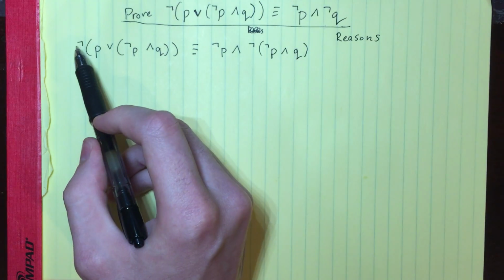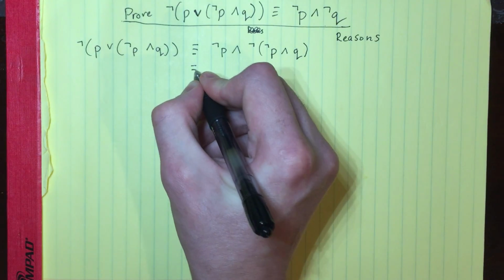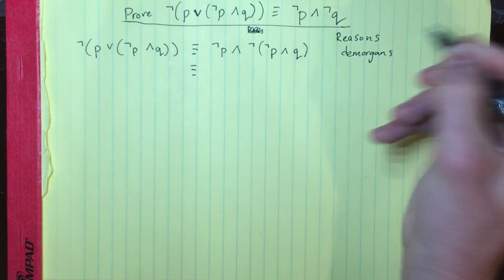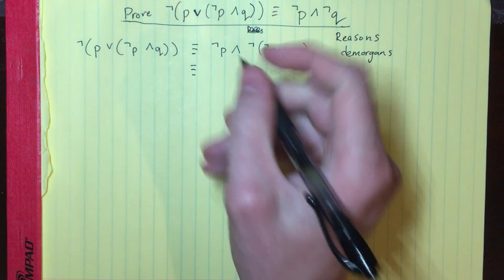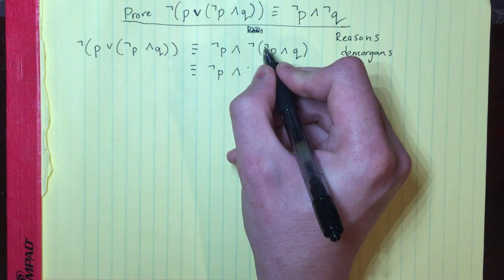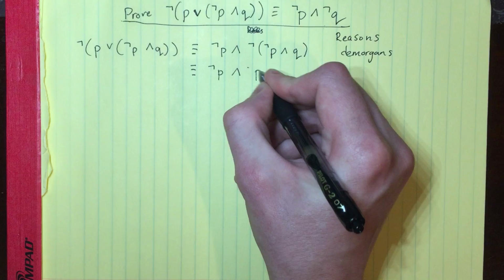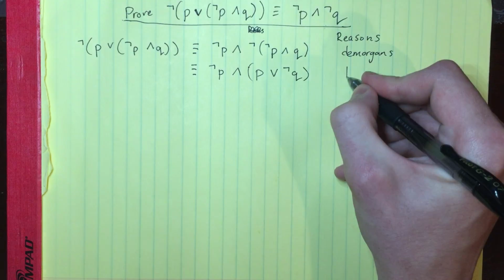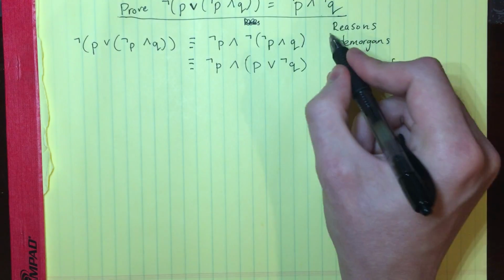Now we write down again, we use De Morgan's, and then we distribute this not onto this little section here, so not P, and these cancel out. This is called the double negation law, so it just turns into P or not Q. This is also De Morgan's. Then these are the reasons why.